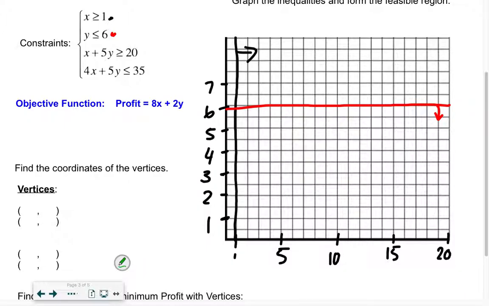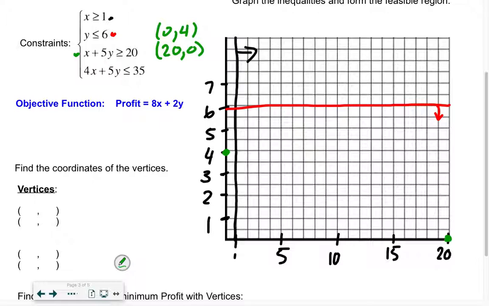If I cover up my y, x is 20. So I have 20, 0. Make this one green. If I cover up my x, y is going to be 4, right? So we have 0, 4. So 0, 4, 20, 0.